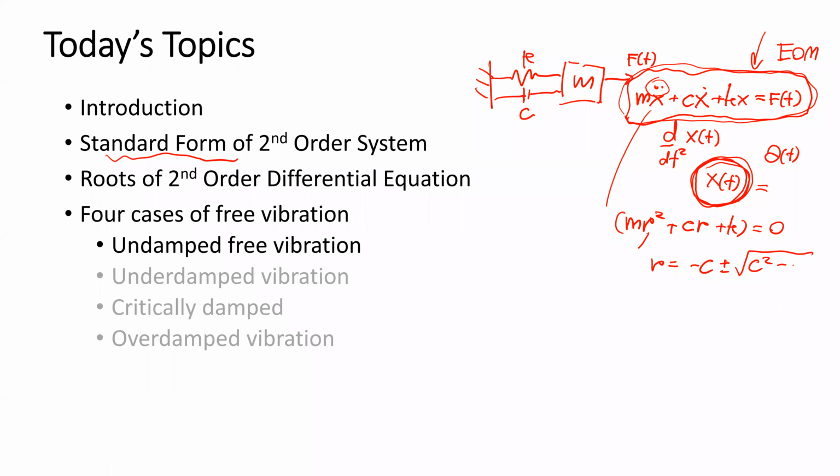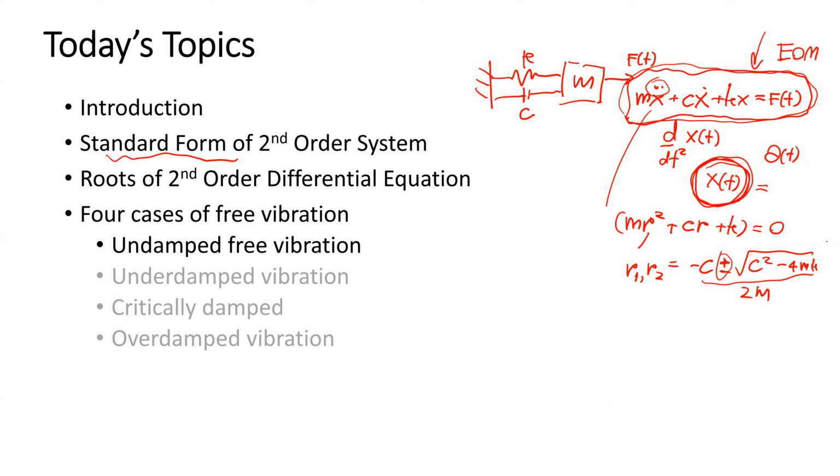If we see here, the second order system is going to have two possible roots: one with the plus, the second one with the minus. So we're going to have R1 and R2, the roots.